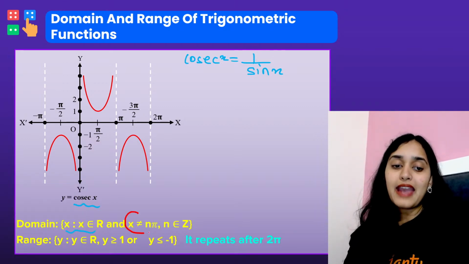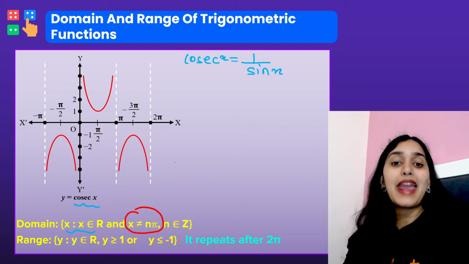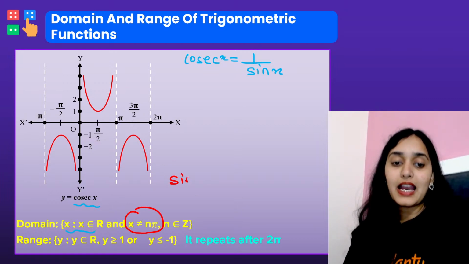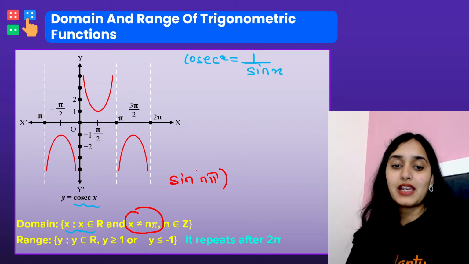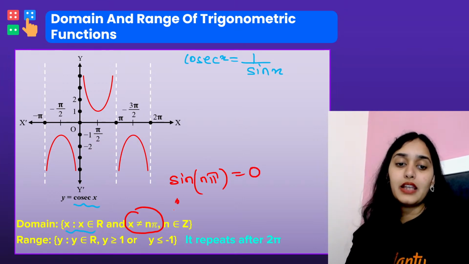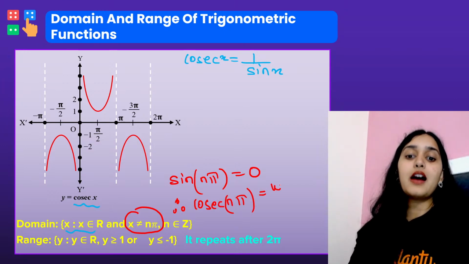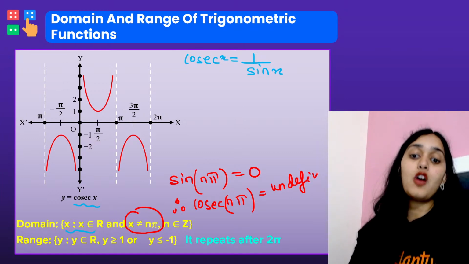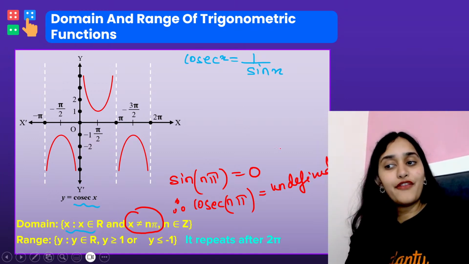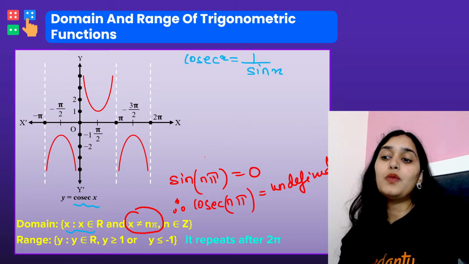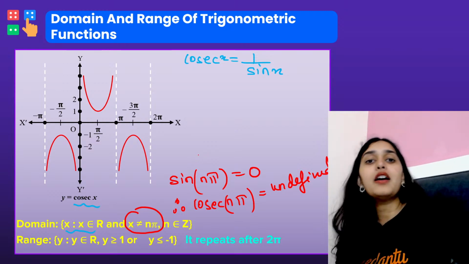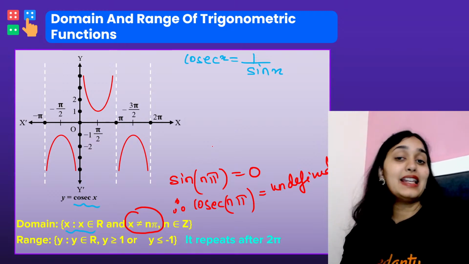So, x should not be equal to n pi because sine of n pi is 0. Therefore, cosec n pi is undefined. Why? Because 1 upon 0 is undefined. So the cosec function will only be defined for inputs where sine is not 0.